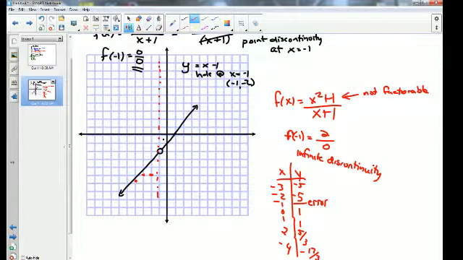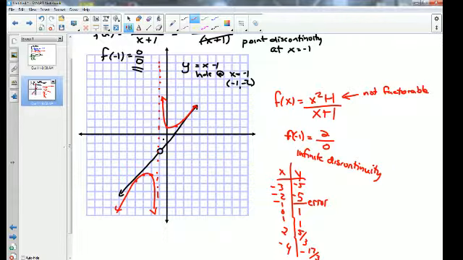Okay, I know what it does. This function, very oddly enough, does this. Again, I don't show that to most pre-calc classes. But that's what that function looks like.